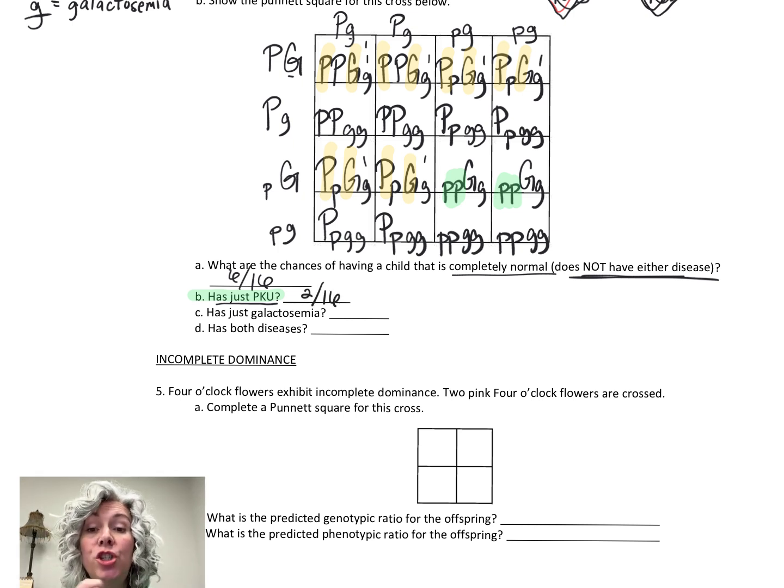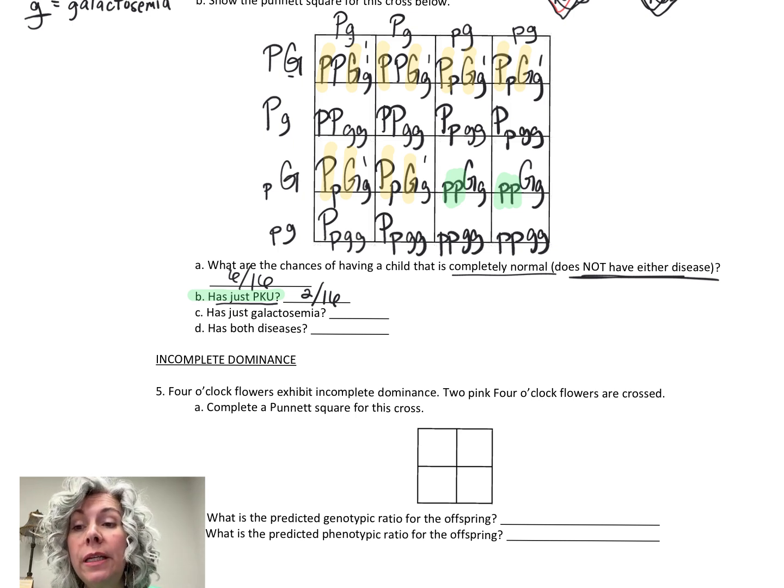Which ones has just galactosemia? All right, so here we go. Just galactosemia. That means they're going to be normal and have the big P's, but they're going to have galactosemia and have little g's.